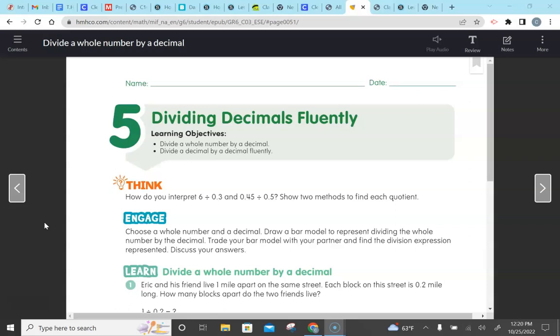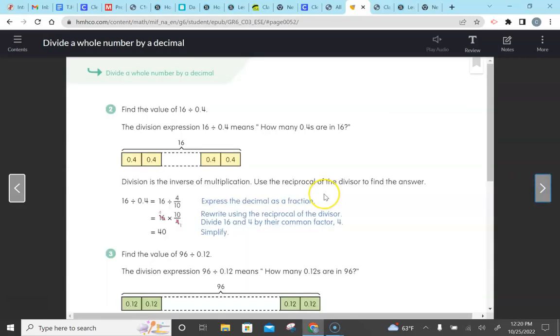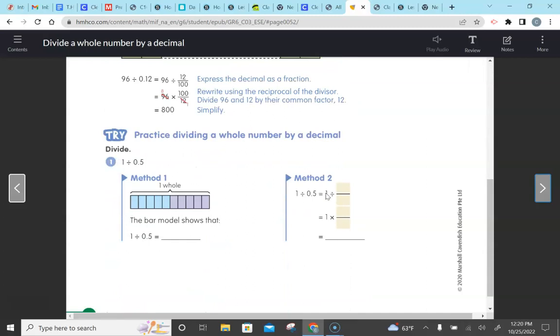So we're going to go ahead and take a look at, first of all, dividing a whole number by a decimal. And we're going to flip over to page 136, and we're going to do the two methods here. Okay, so you can see, first of all, we have 1 divided by 5/10.